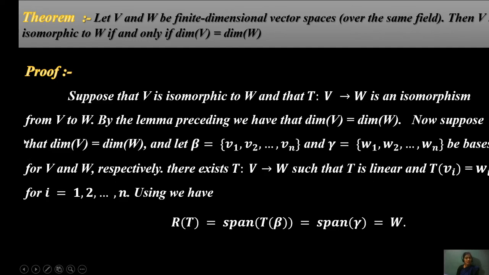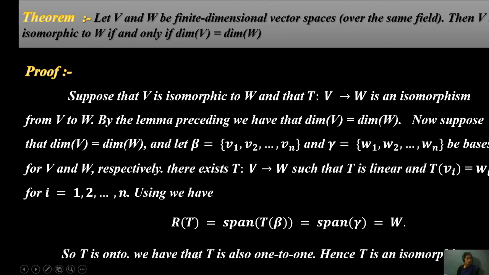There exists T from V to W such that T is linear and T(vi) = wi for i = 1 to n. Then R(T) = span of T(beta) = span of gamma = W, because T(beta) is gamma.